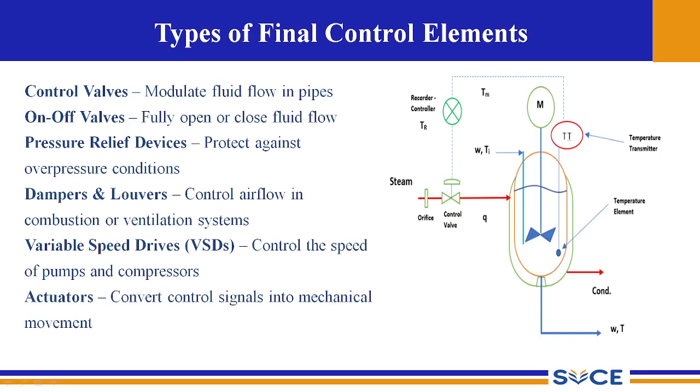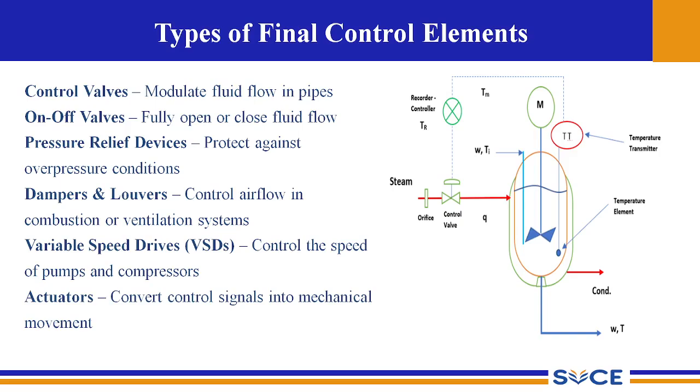Then we have the pressure relief devices, which will protect against overpressure conditions by releasing the pressure in the process line. The next final control element is the dampers and louvers. The dampers and louvers will control the amount of airflow in combustion or ventilation systems. It will help to maintain the ratio of air to fuel, so that proper combustion takes place.